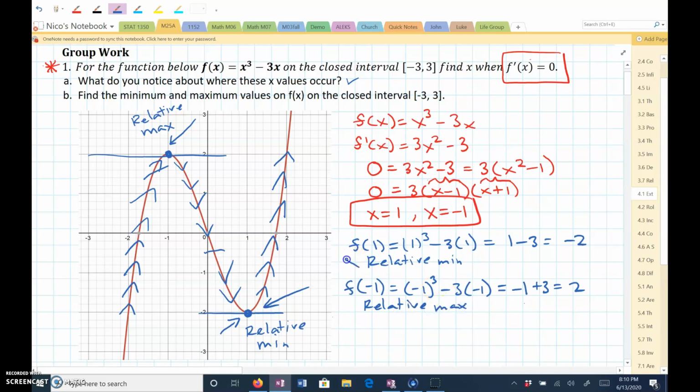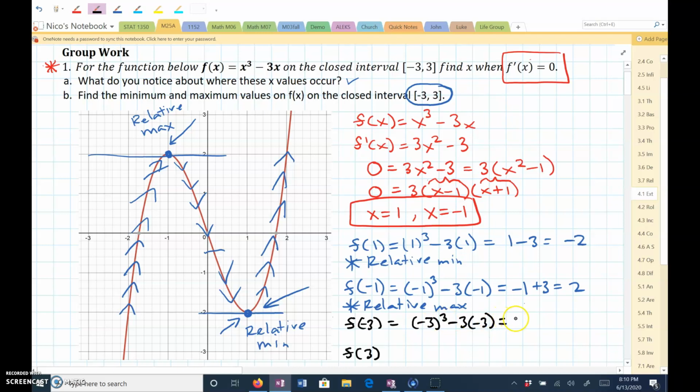We'll talk more about what this relative max and what relative means in a minute. Also, what I want to do is test the endpoints. Okay? This graph has been restricted between -3 and 3. So notice when x is -3, this would be -3 cubed minus 3 times -3.